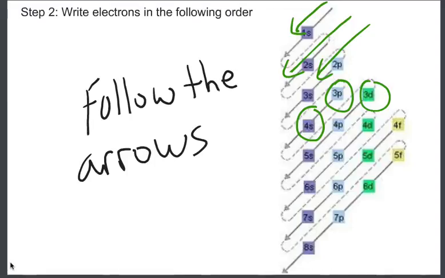So elements will often fill the 4s subshell, and the 5s, and the 6s, and the 7s, and the 8s, before they fill the previous d, and in other cases, f subshells. You just have to trust me that that's the way it goes.